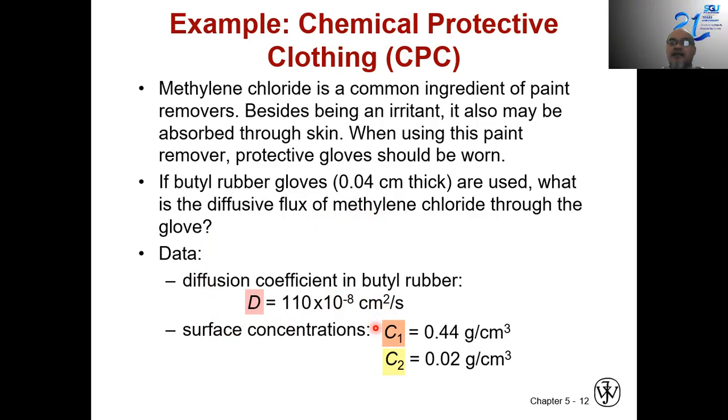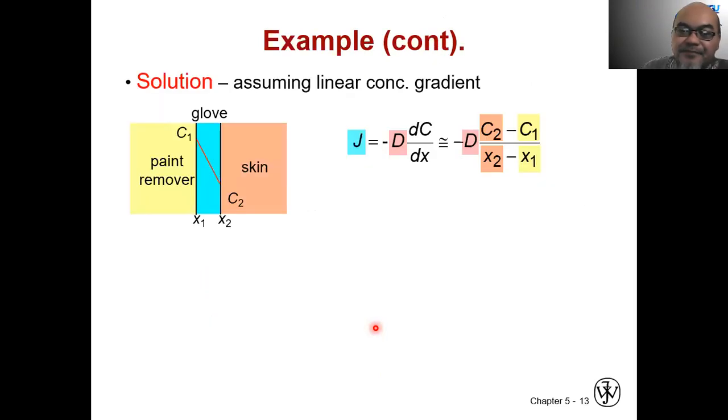The concentration at the inner layer of the glove is 0.02 gram per cubic centimeter. Then, assuming a linear concentration gradient, the concentration decreases linearly with thickness. So then we can calculate J equals minus D dC/dx, and since it is linear, we can approximate it as delta C over delta x.